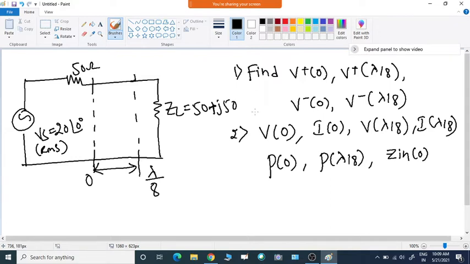Now we know the equations. What are the equations for V plus of 0? Yesterday we found out V0 plus.